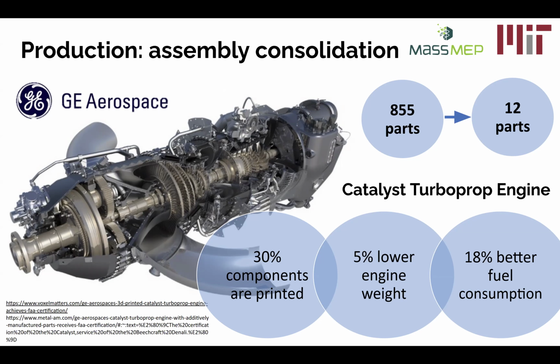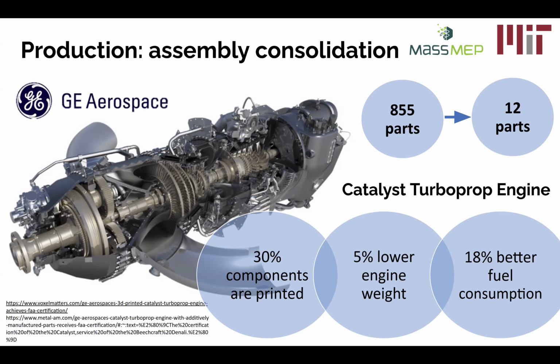But when we talk about 855 parts down to 12, it's not just the fact that the engine will be lighter. We also talk about saving warehouse space, saving purchase cost, paperwork, maintenance and assembly time, and the risk of errors which are involved when you handle more than 800 components instead of handling just 12.